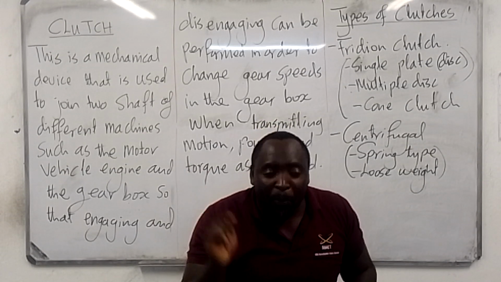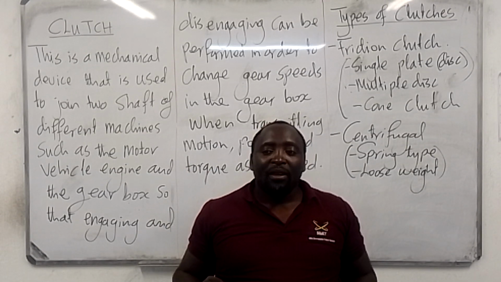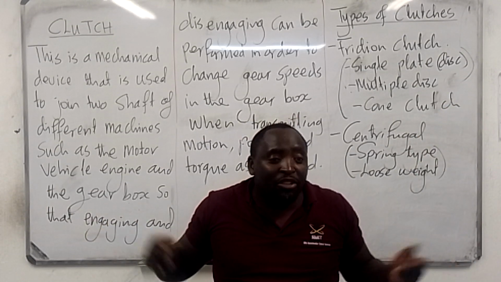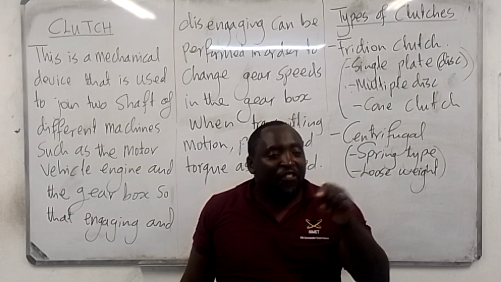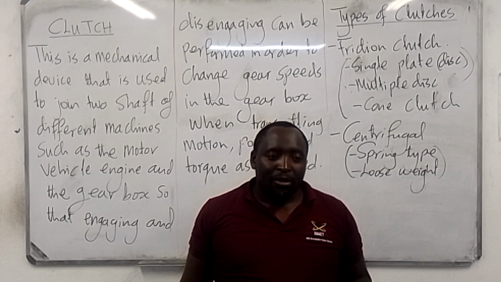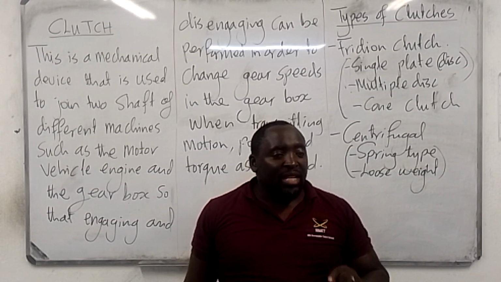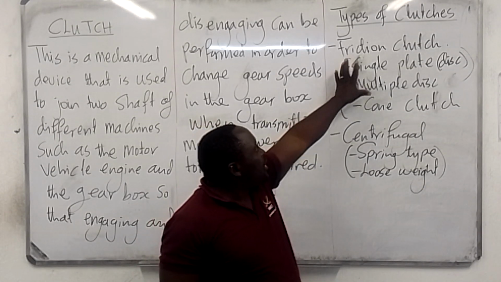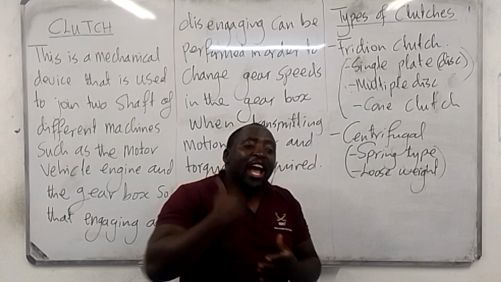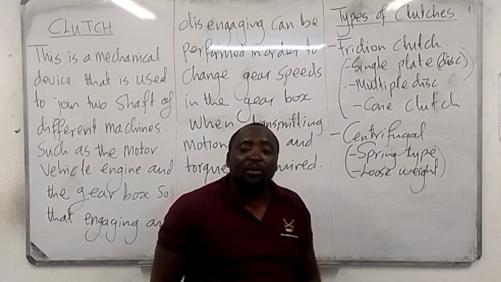If your friction plate is finished, you want to go, the car is not going, the engine is running on its own. Why? Because the friction plate is finished. You get the point? So these are friction type. That friction surface is the one that drives and causes motion.